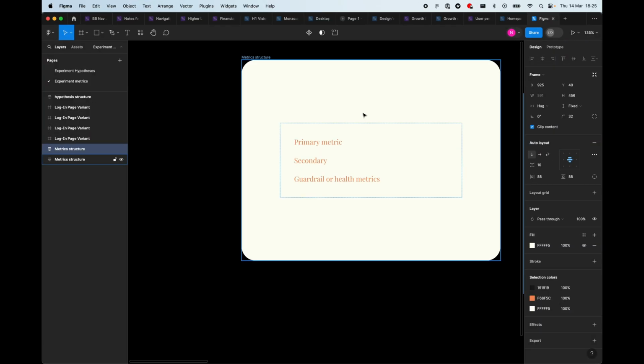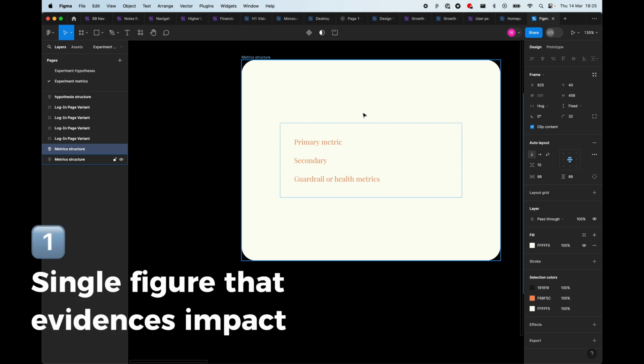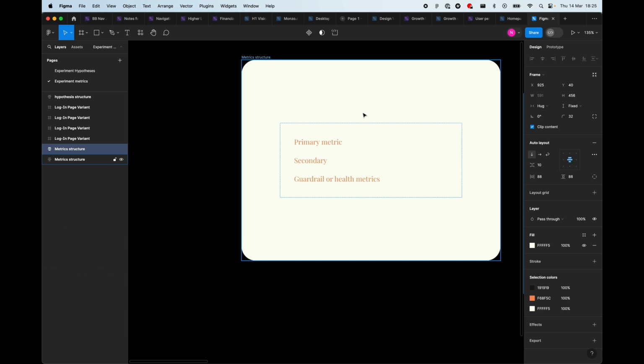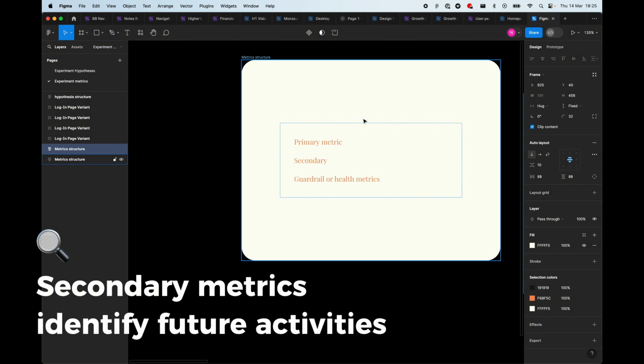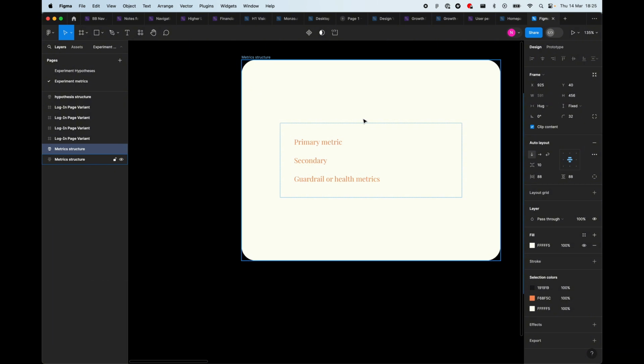You've got your primary metric, the one thing that you're focused on, the thing that ladders up to the wider company goal. It's the single figure that evidences your impact. Secondary metrics are numbers that are good to monitor but are not essential. They might help identify future hypotheses or future experiments and ladder into that primary metric, so they're part of the wider customer journey.